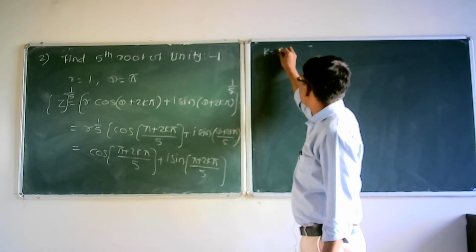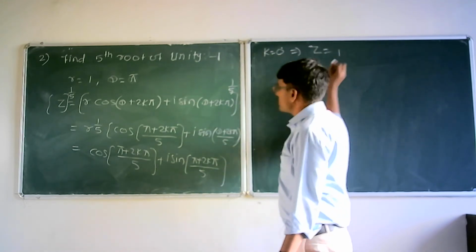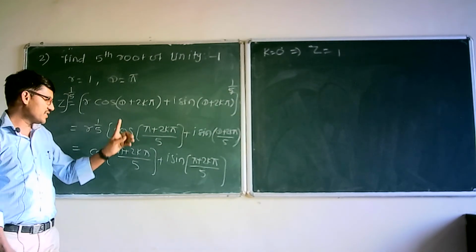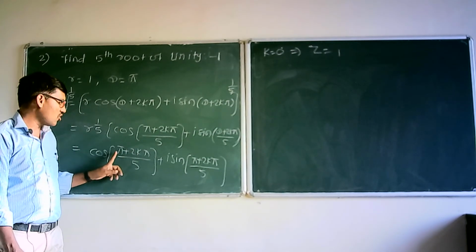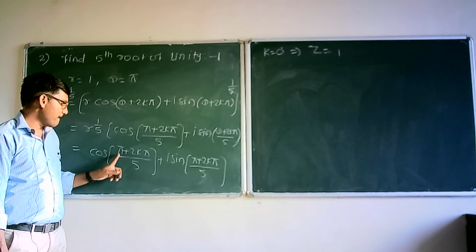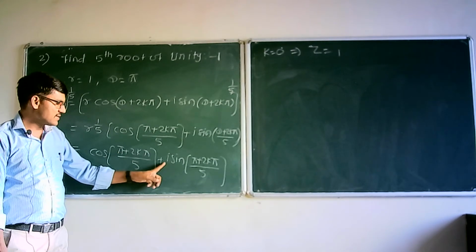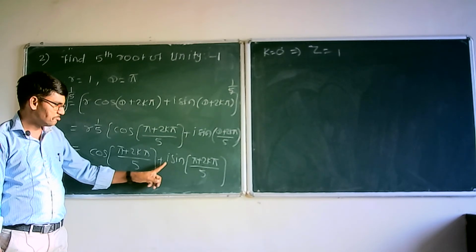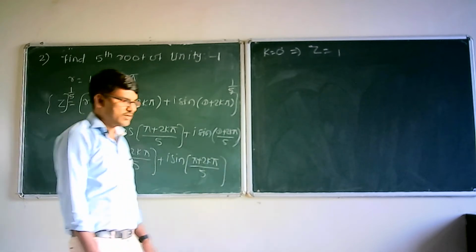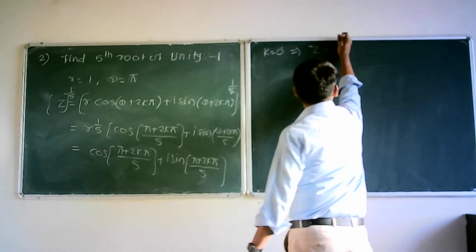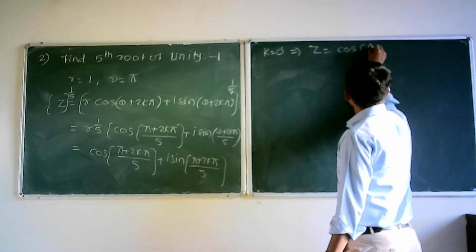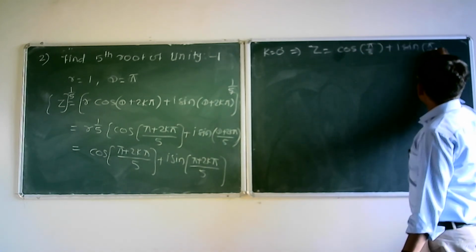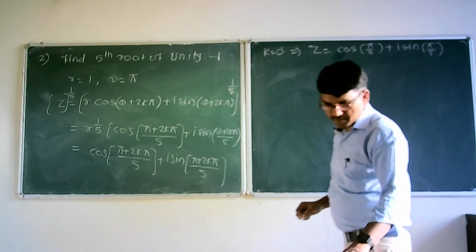So if we put k is equal to 0, it is cos pi by 5 plus i times sin pi by 5. This is our first root.